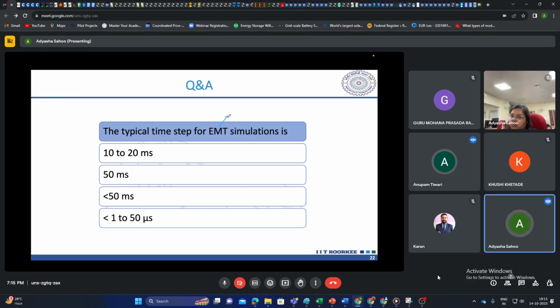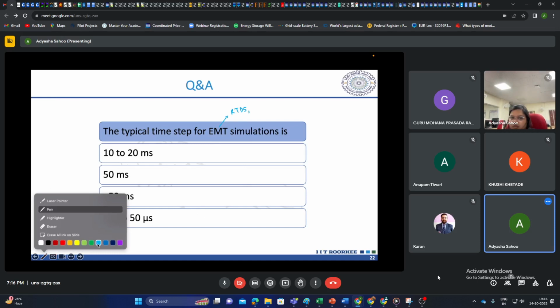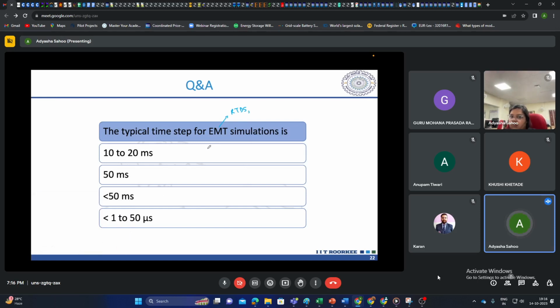Electromagnetic transient simulation. So basically, RTDS, OPAL-RT, PSCAD, RSCAD, these are electromagnetic transient simulators. So they are actually very fast, due to which we do the transient studies on these platforms. So we study the transient scale here, so basically 1 to 50 microseconds. So this is the correct answer.